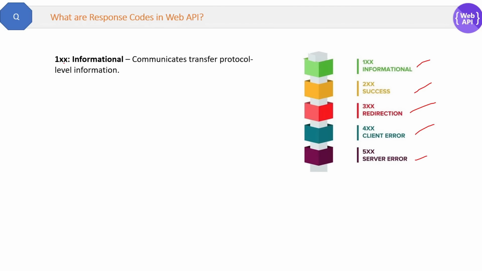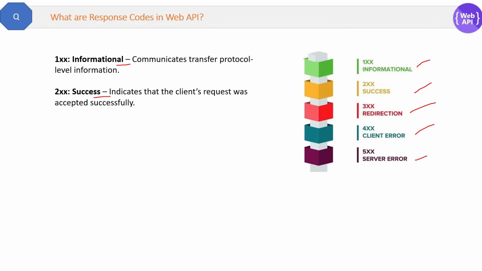1XX, that can be 102, 101, and that is informational basically. When you receive this type of code, it means it is just information. It is not a very important code, but it is informational. Next one is 2XX. It can be 202, 201, and its meaning is your request is a success.